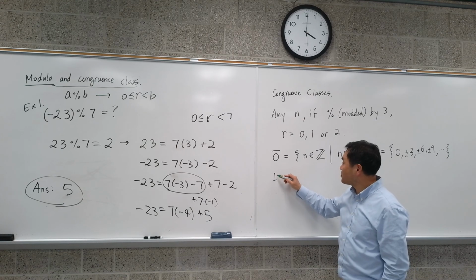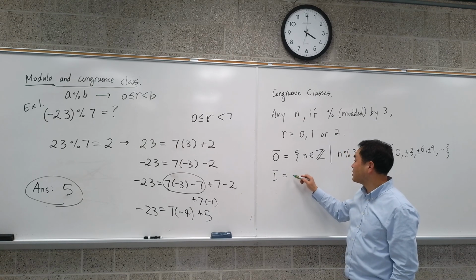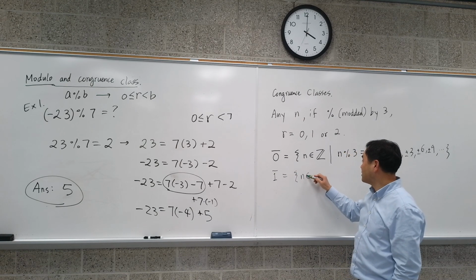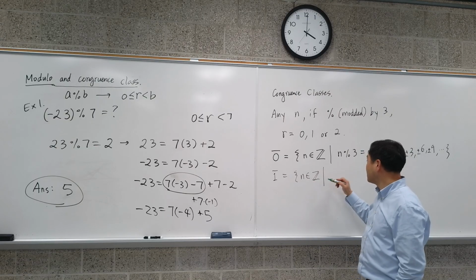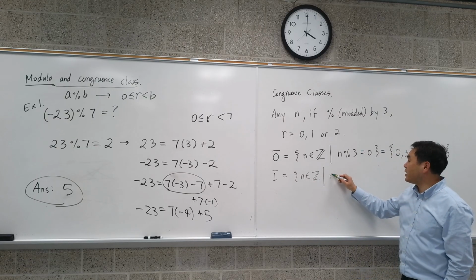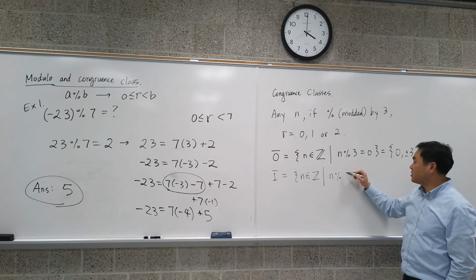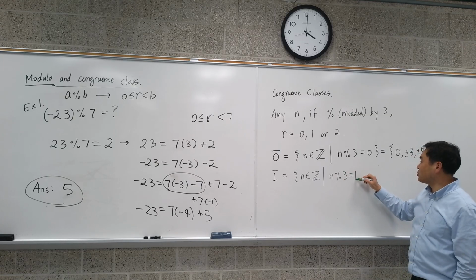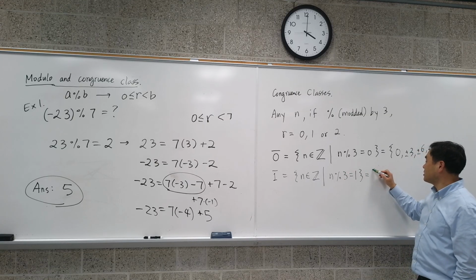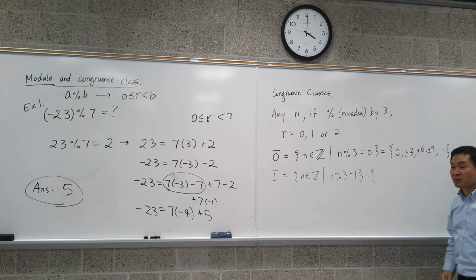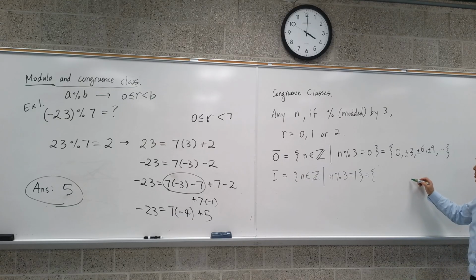Then we can also define something called 1 bar, where n mod 3 gives you 1. Okay, if you write them explicitly, what do you get? You get 1 itself. 1 mod 3 is just 1 because you don't get any quotient. So 1 is equal to 3 times 0 plus 1, right?